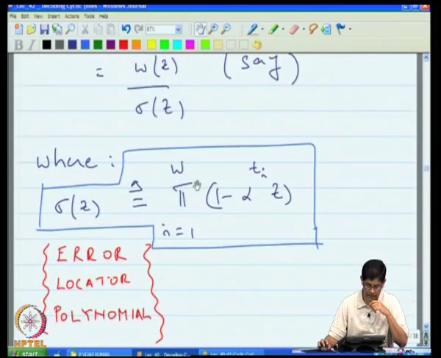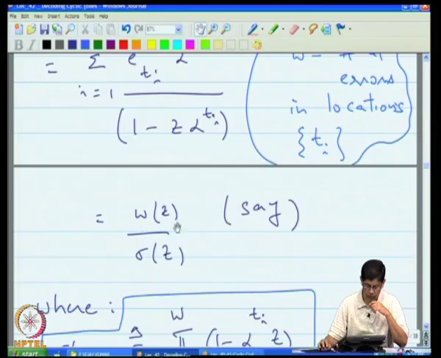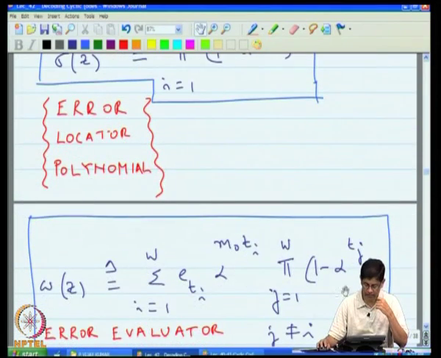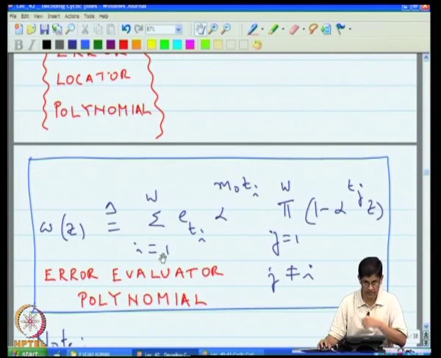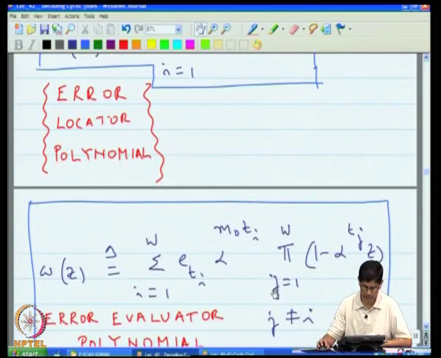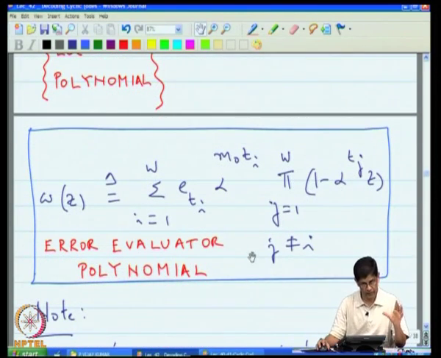Similarly, if you work this out, you will find that omega of z is given by an expression like this. It is the sum I equal to 1 to w of E sub ti alpha to the m naught ti times the product j equal to 1 to w, j not equal to I, of 1 minus alpha to the tj z. And you can see that if you divide this by sigma of z, you will get the term for omega by sigma that we had earlier. Okay. Now, because the E sub ti's appear here, this is called the error evaluator polynomial.